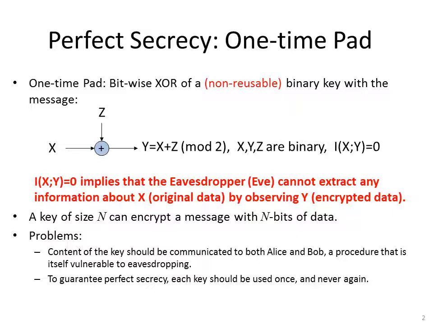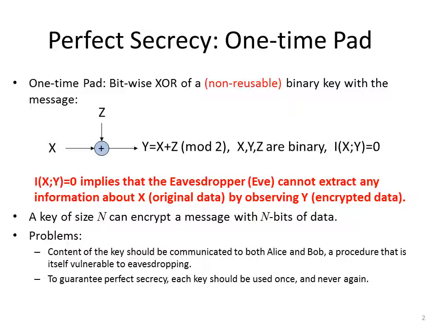It's easy to verify that the mutual information between X and Y is 0, meaning that if an eavesdropper observes Y, they will not be able to extract any information about X unless Z is known.